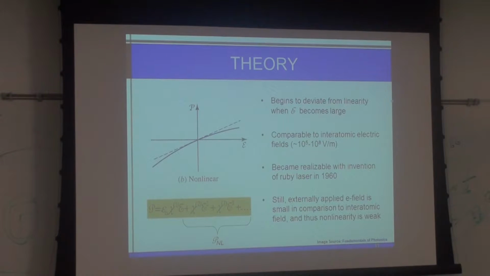We're talking today about the Chi2 process because that's what we're interested in for the stuff that we do in my lab. And all of this is nonlinear. The higher up you go, the more rare the process, the harder it is to achieve. This becomes important when the applied electric field is comparable to the fields that are binding atoms together. And I give some estimate of what that is.